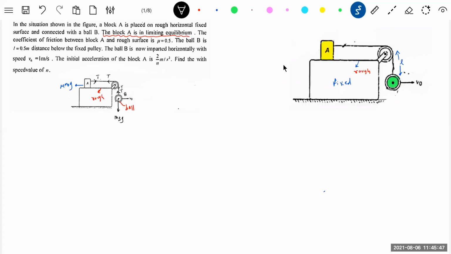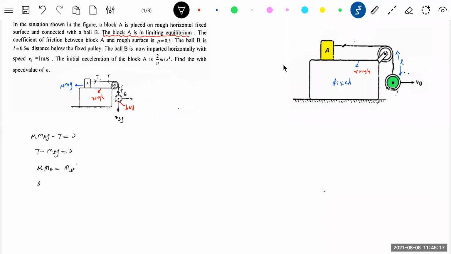As it is in equilibrium, we'll write the equations mu mg minus T equal to 0, and T minus m_B g equal to 0. Equating these two, mu m equal to m_B.